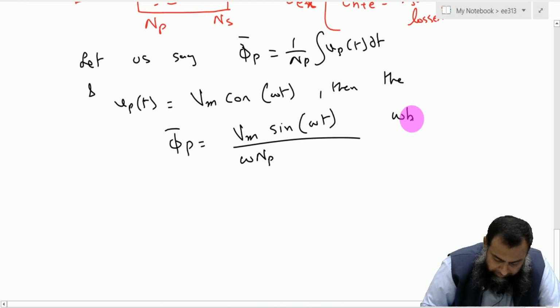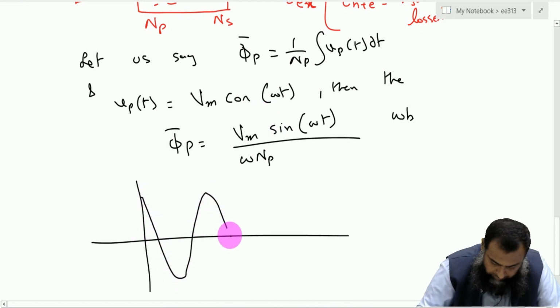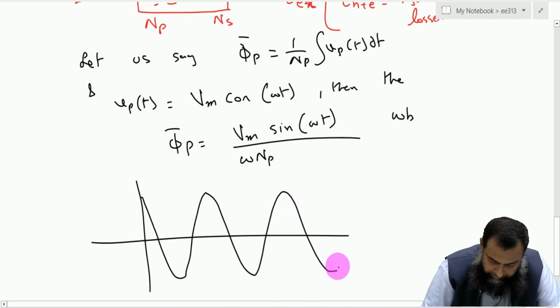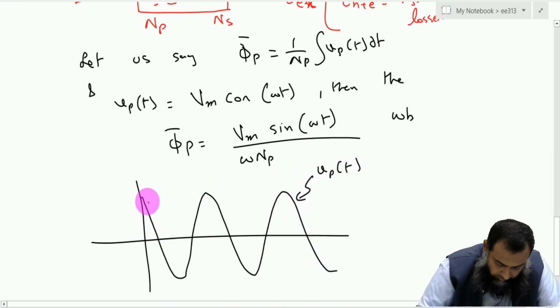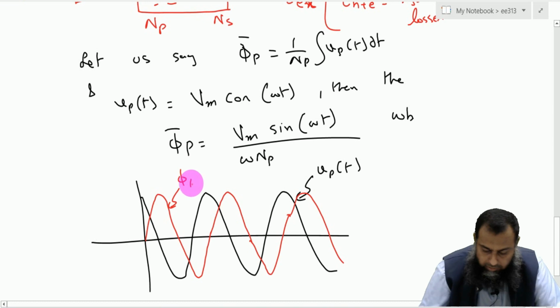So we can see that if we plot these two values, and this is the applied voltage Vp(t), then this is the flux phi p in a given transformer.